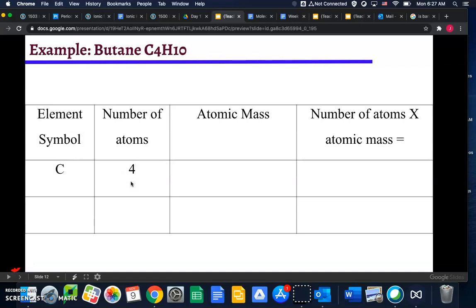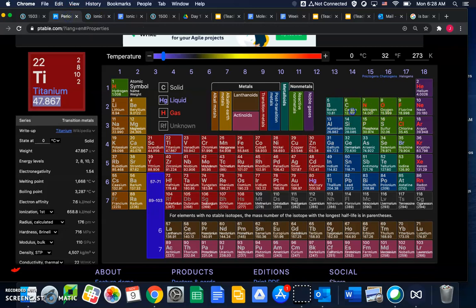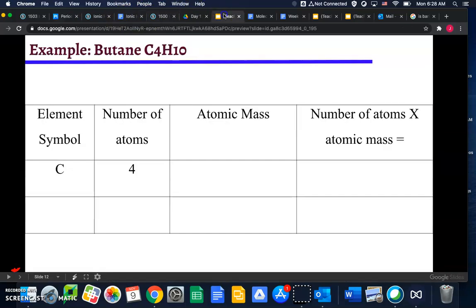Atomic mass. Again, we get that from the periodic table. So let's take a look here. Carbon is 12.001. I always round to 2 places after the decimal when I calculate the mass. Sometimes you need more digits than that, usually not. So I'm going to write down 12.01 for my mass here.